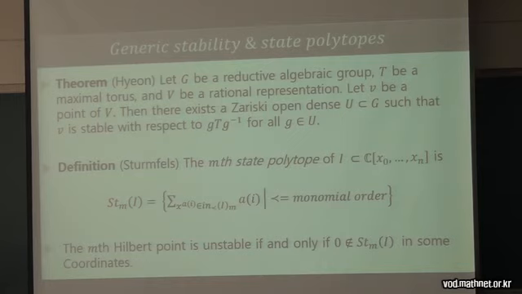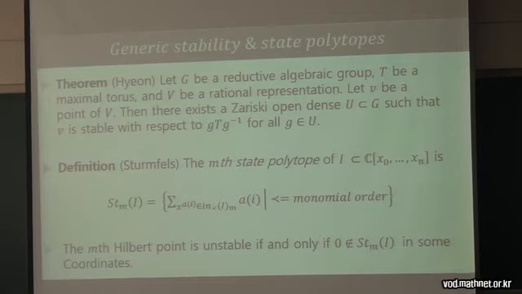So this is just a more general statement of the previous theorem with my student. Not just the Hilbert point, but if you have a reductive group acting on a rational representation, then any point is stable with respect to a generic maximal torus.